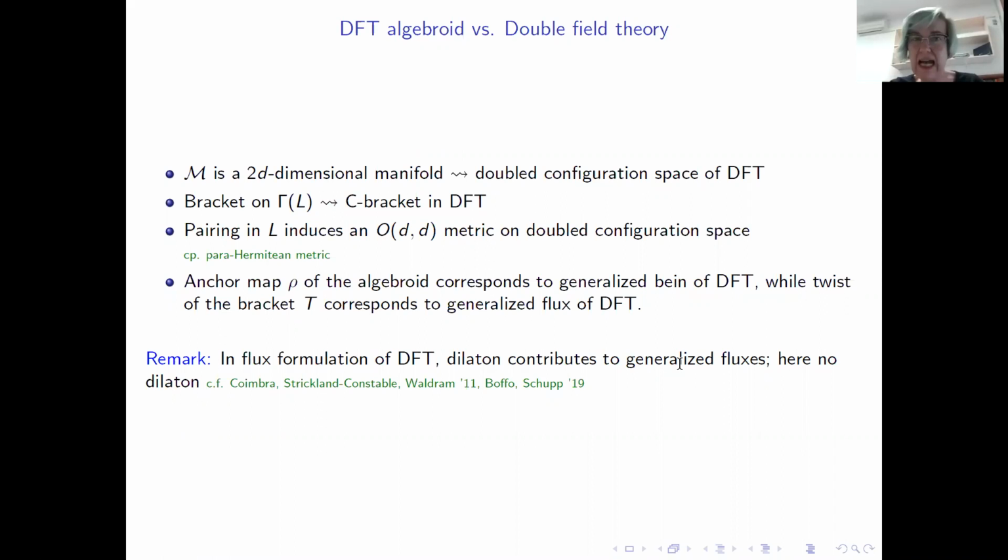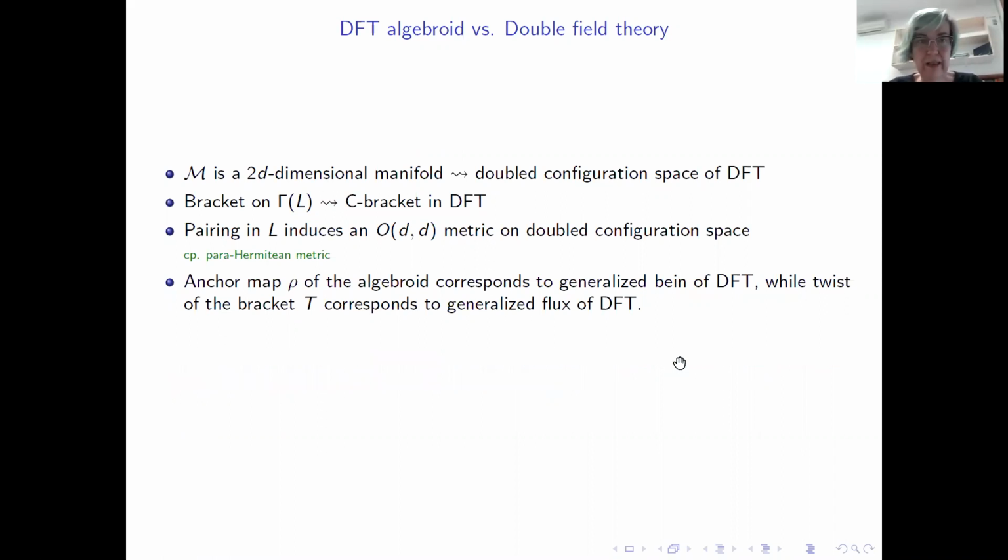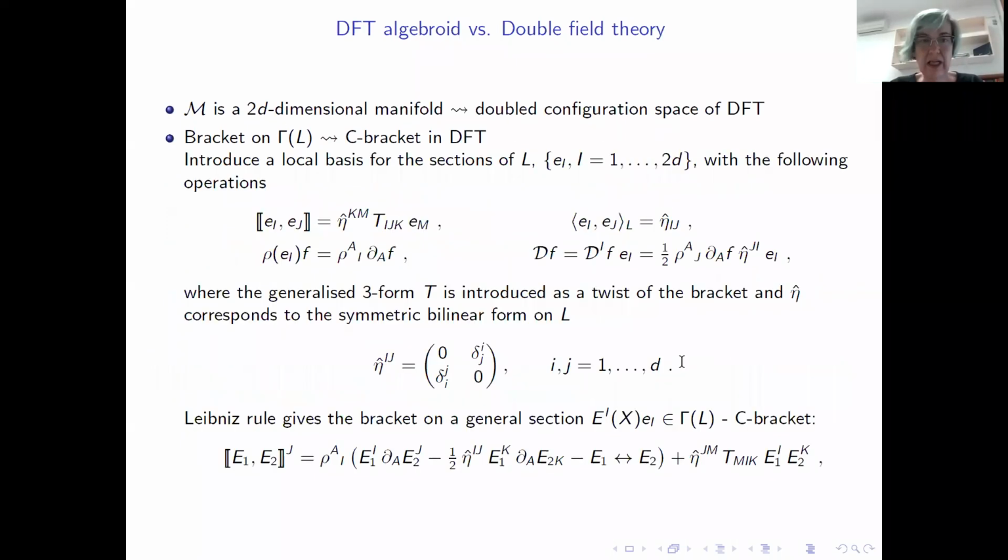So I think all you need to do is to go back here and twist the bilinear and the anchor map with e to the dilaton, with the exponential of the dilaton, and then proceed with the whole construction, and then you will get the contribution from the dilaton in your theory. But you can always ask Eugenia to explain this to you. I never did it myself, to be honest.